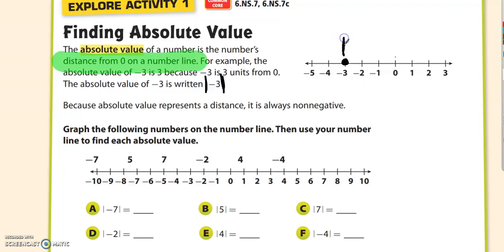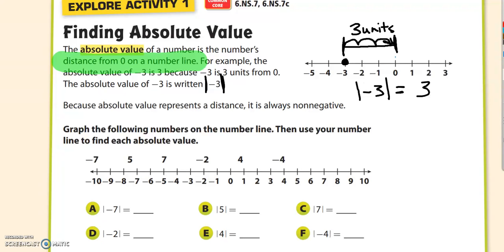And the distance from this dot to 0 is 1, 2, 3. It's 3 spaces. The distance is 3 units. So therefore, the absolute value of -3 is 3. So it's not really about a positive or a negative, it's about a distance. How far is something from 0?